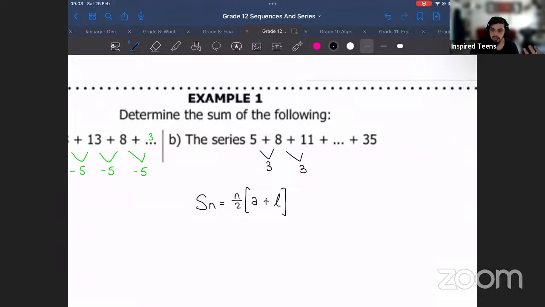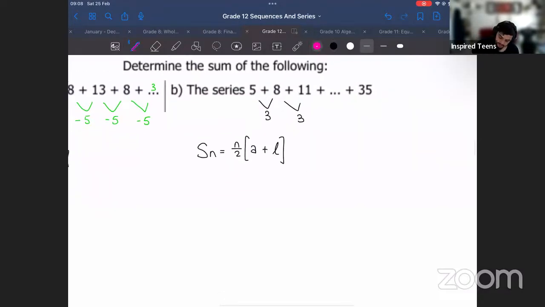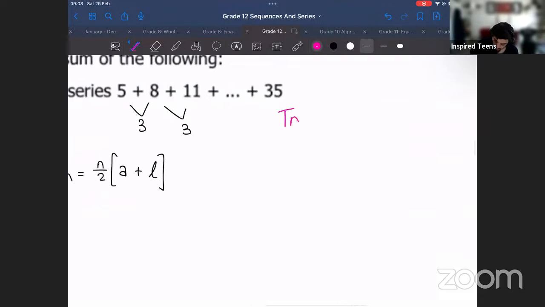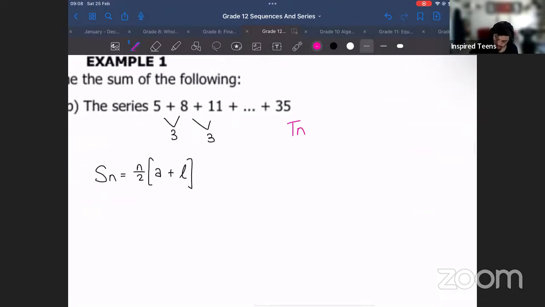Yes, it's definitely Tn firstly. The sum is not 35; the value of the last term is 35. Get Tn and make it equal to 35. Okay, so yes, that's the second correct answer. Essentially we have to calculate Tn. That is the correct approach, so that's the correct formula we need to use.